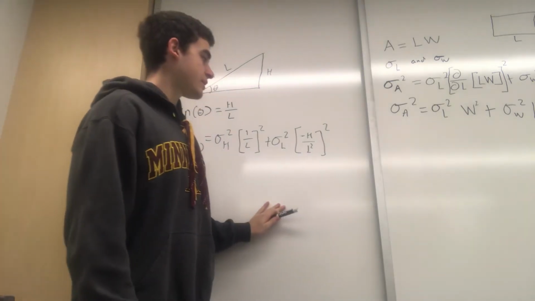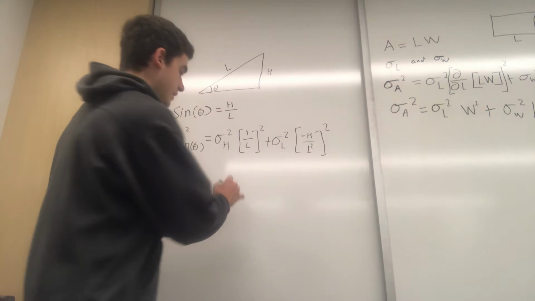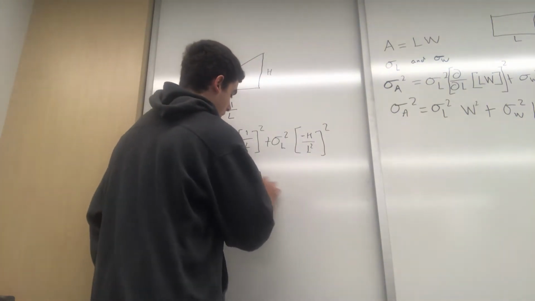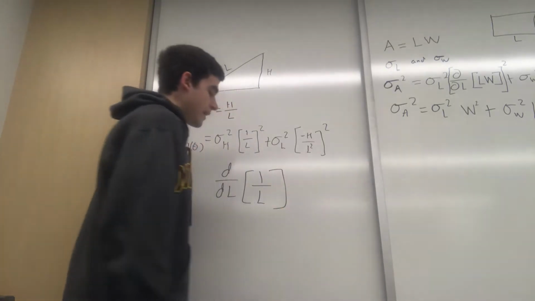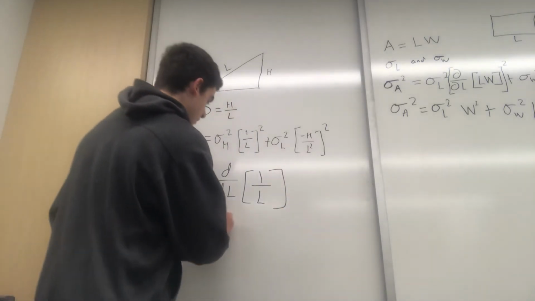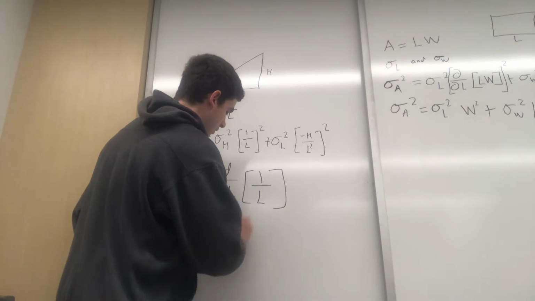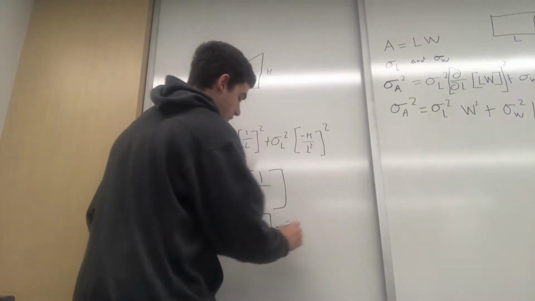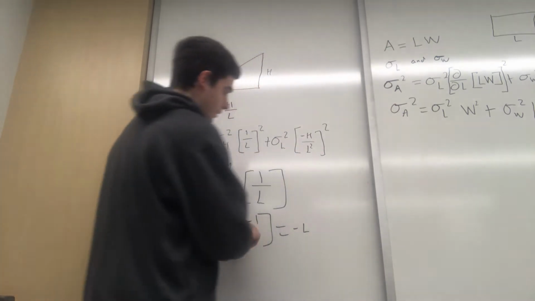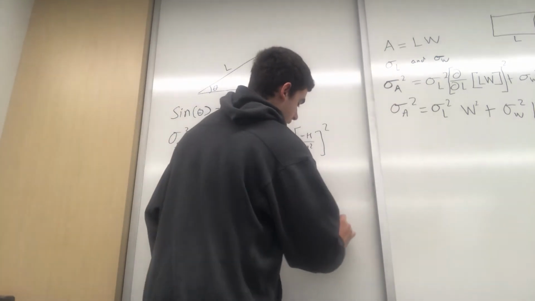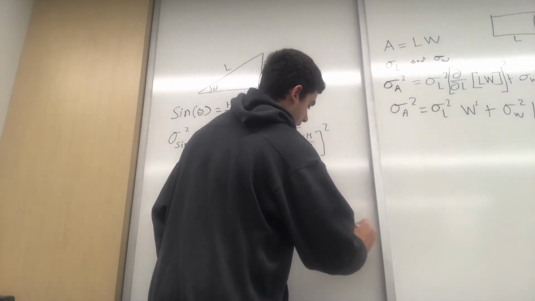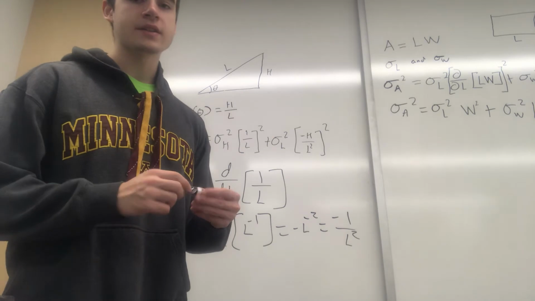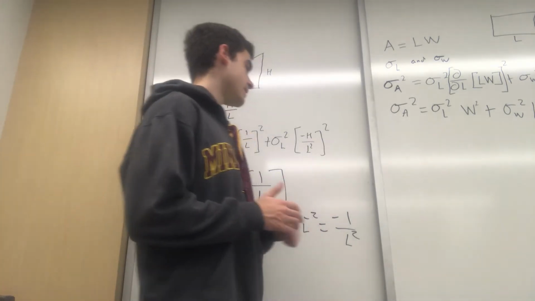But in this case, we're actually differentiating with respect to L. So this is like taking the derivative of 1 over L. How you do that is d/dL of L to the minus 1. So you bring the negative 1 over, you have negative L, and then you decrease the exponent by 1, L to the negative 2. So that's just negative 1 over L squared. But in this case, we had h, in which h is a constant, so we have to multiply by h, so that's why we get that.